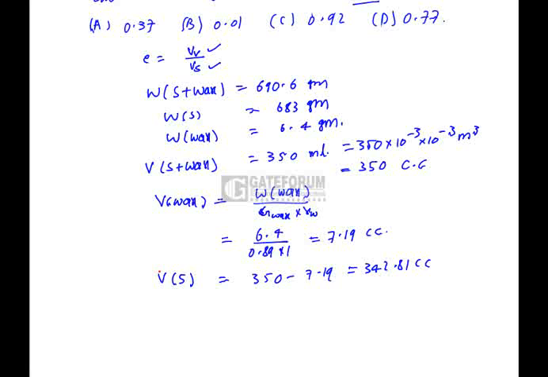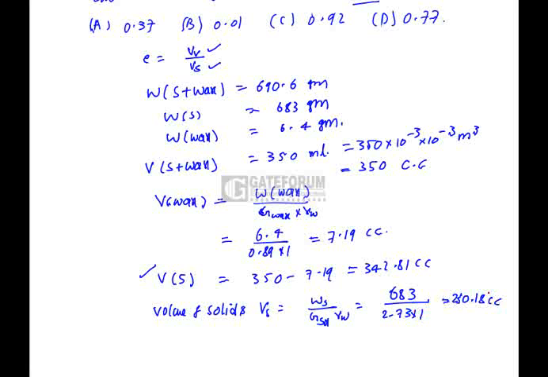Volume of the solids, we know the total volume of the soil, and the volume of the solids Vs we have to find out. Vs is weight of the solids by specific gravity G of solids into unit weight of water. Weight of the solids we know is 683, divided by 2.73 into 1, that is equal to 250.18 cc.